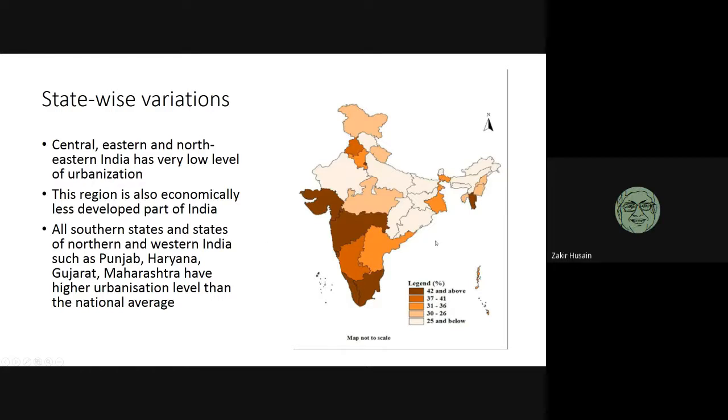If you look at the spatial map, you can see there's a sharp north-south divide. The southern part, Gujarat, Maharashtra, Karnataka, Andhra Pradesh, Telangana, Kerala, have urbanized to a large extent. But other states like Madhya Pradesh, the so-called cow belt, have low patterns of urbanization.